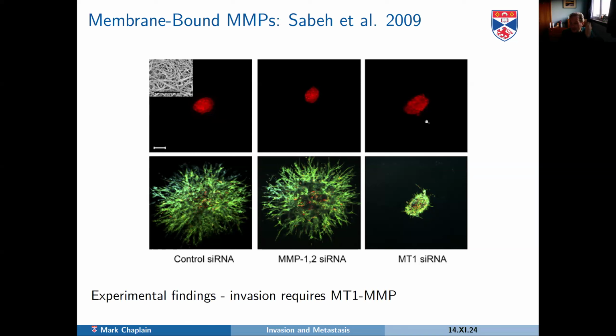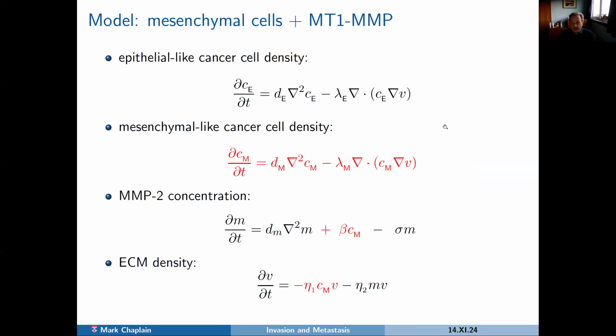And so you can see here that there's very little invasion at all. It's more or less the same as the initial condition. So the invasion really requires these membrane-bound proteins. The secreted enzymes can degrade the matrix and allow invasion, but they need to be activated by other chemicals. So that's more complicated. But these membrane-bound ones simply degrade the matrix and allow the cell to invade.